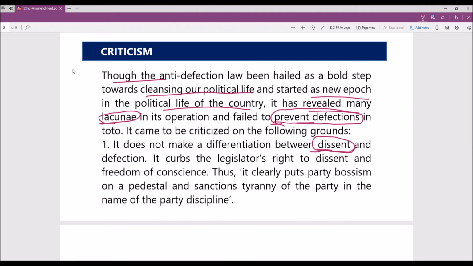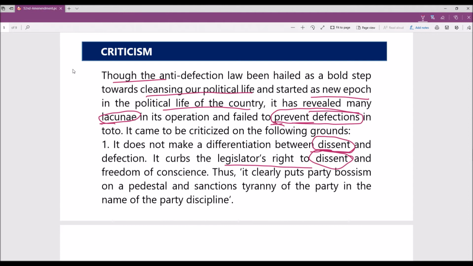If the party says we brought this bill, vote in favor of it. So it curbs the legislator's right to dissent. You just follow whatever law they bring. Just blindly vote. Whether you agree or disagree, you cannot decide. This is how political parties work in India.